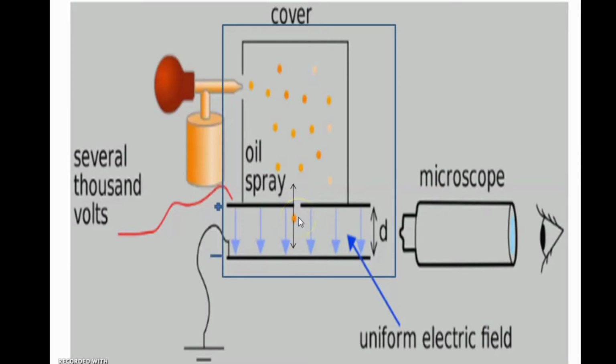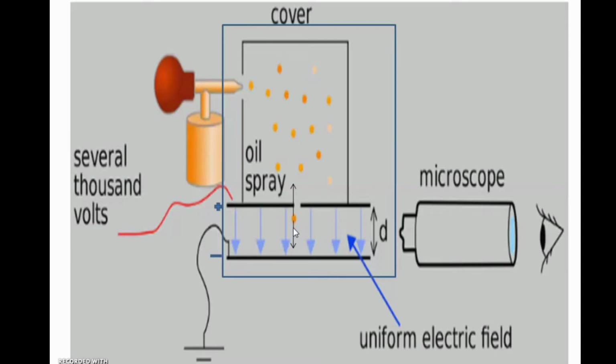One thing keep in your mind, the oil drops which are sprayed by an atomizer are negatively charged. For example, this oil drop is suspended between the positive and negatively charged plate. When this oil drop is suspended, it means two forces are acting on this oil drop.